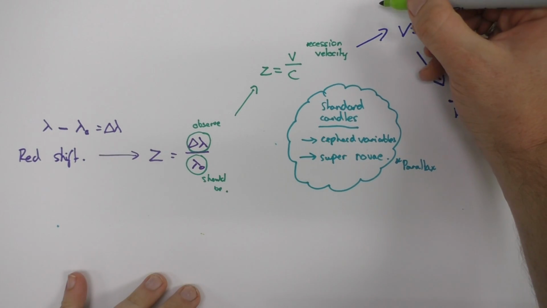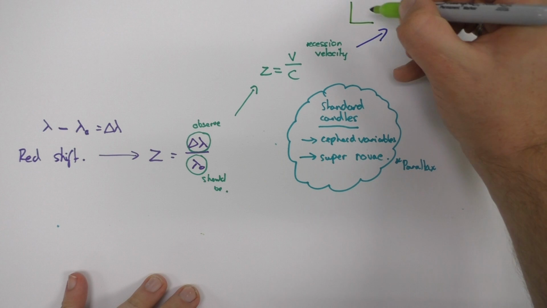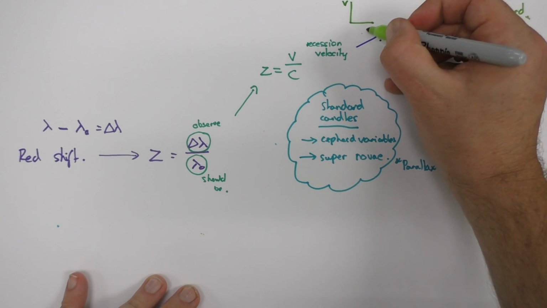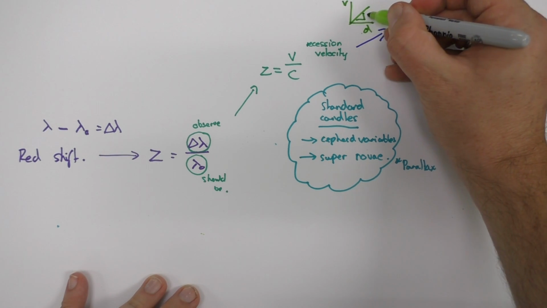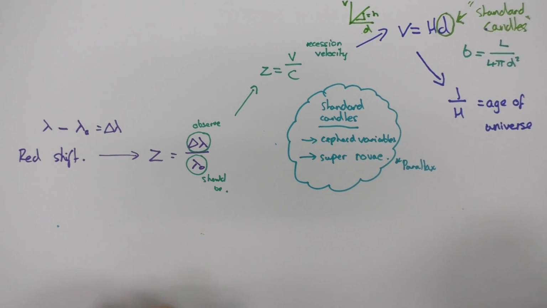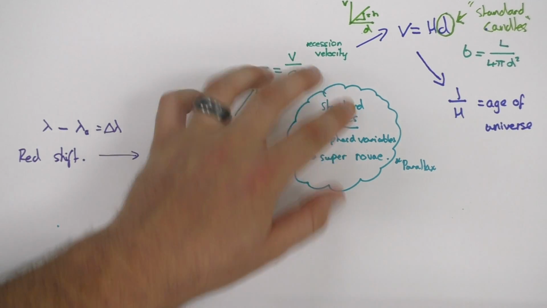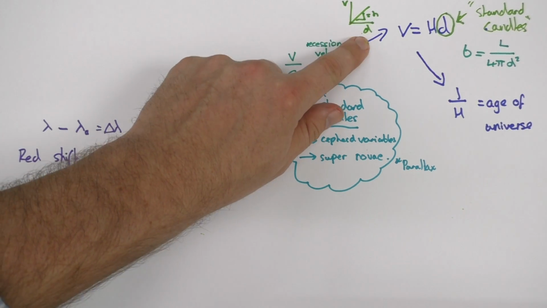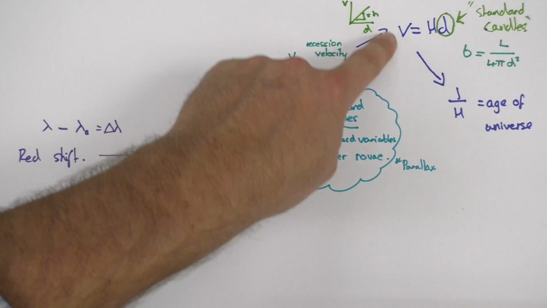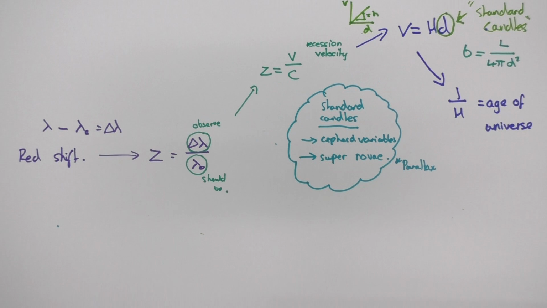Hubble's constant graph is a graph of v against d, and the gradient of that graph is Hubble's constant. So it's worthwhile bearing in mind that sometimes they might ask you to work out a gradient, but beware of the units. Make sure that you get them changed into meters per second and meters before you start meddling with this, because otherwise you'll make mistakes.